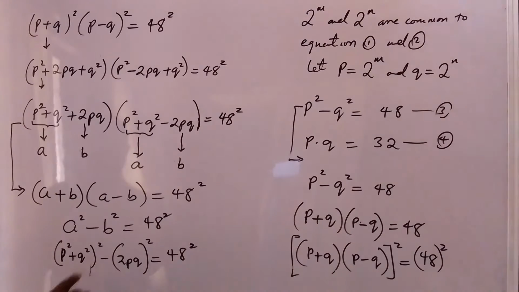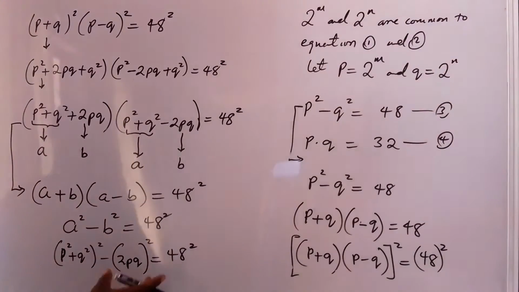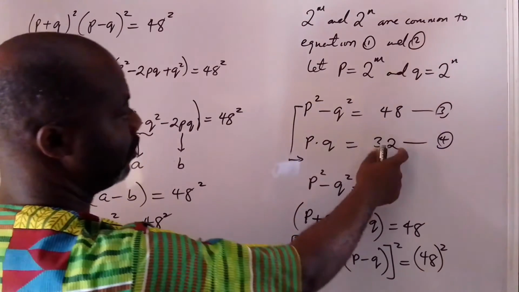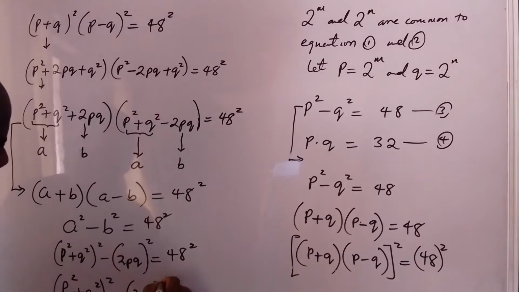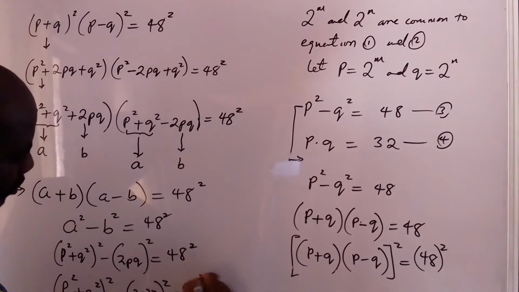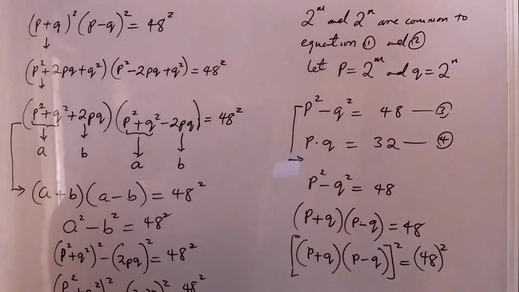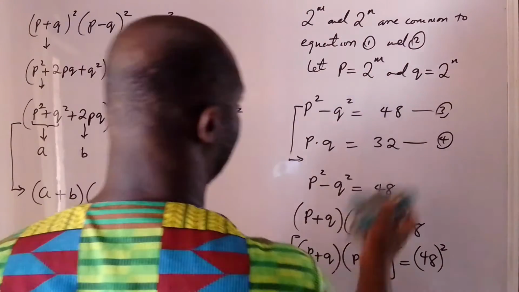From what we've done, we can simplify this. From equation 4, we can see that p dot q is 32. So I'm going to replace it, and this now becomes p squared plus q squared all squared minus 2 times 32 squared equal to 48 squared.